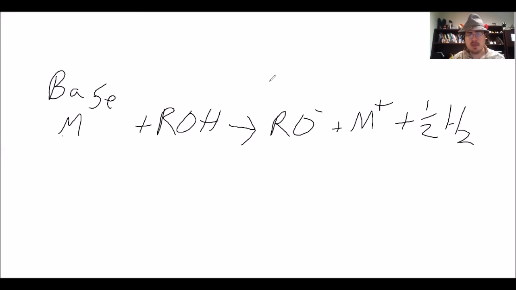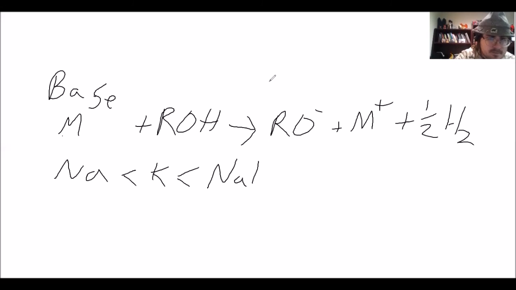The metal base oxidizes, thus reducing hydrogen, and the hydrogen escapes. Once that escapes, well, you can't get this to go backwards. If we're looking at this, sodium is weaker than, say, potassium for this, but it's weaker than a sodium hydride.